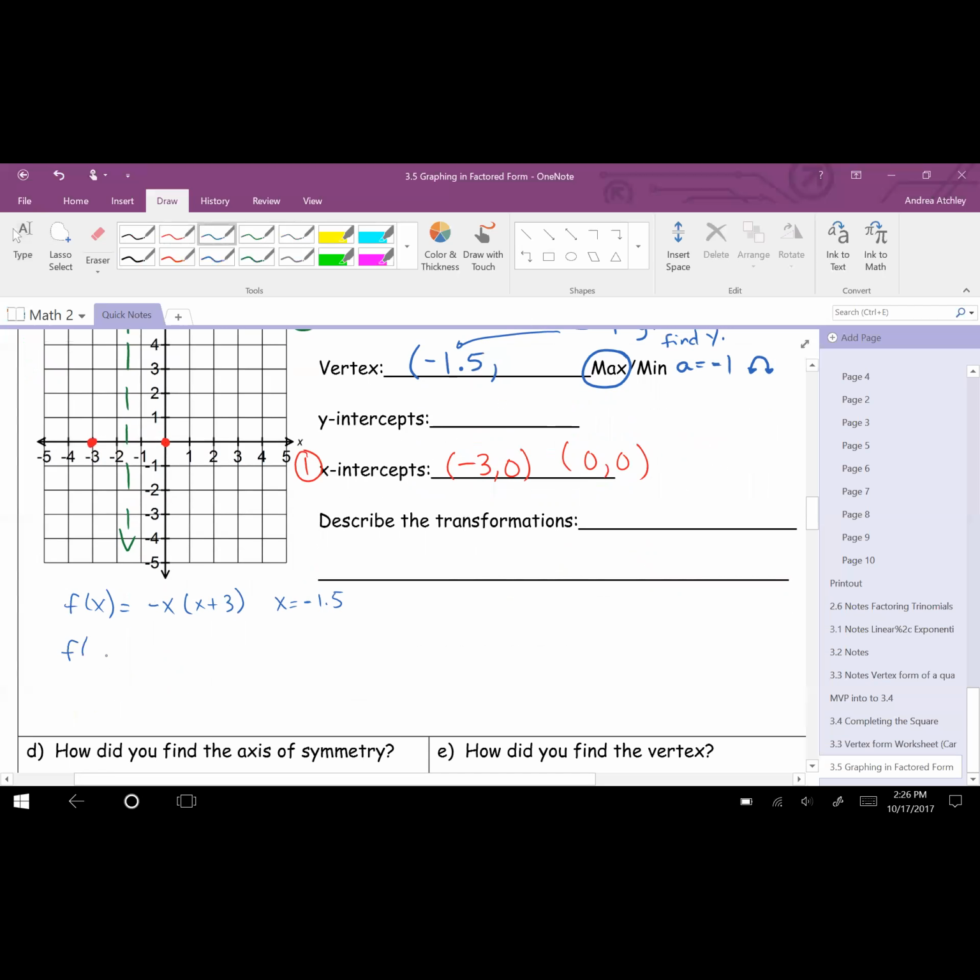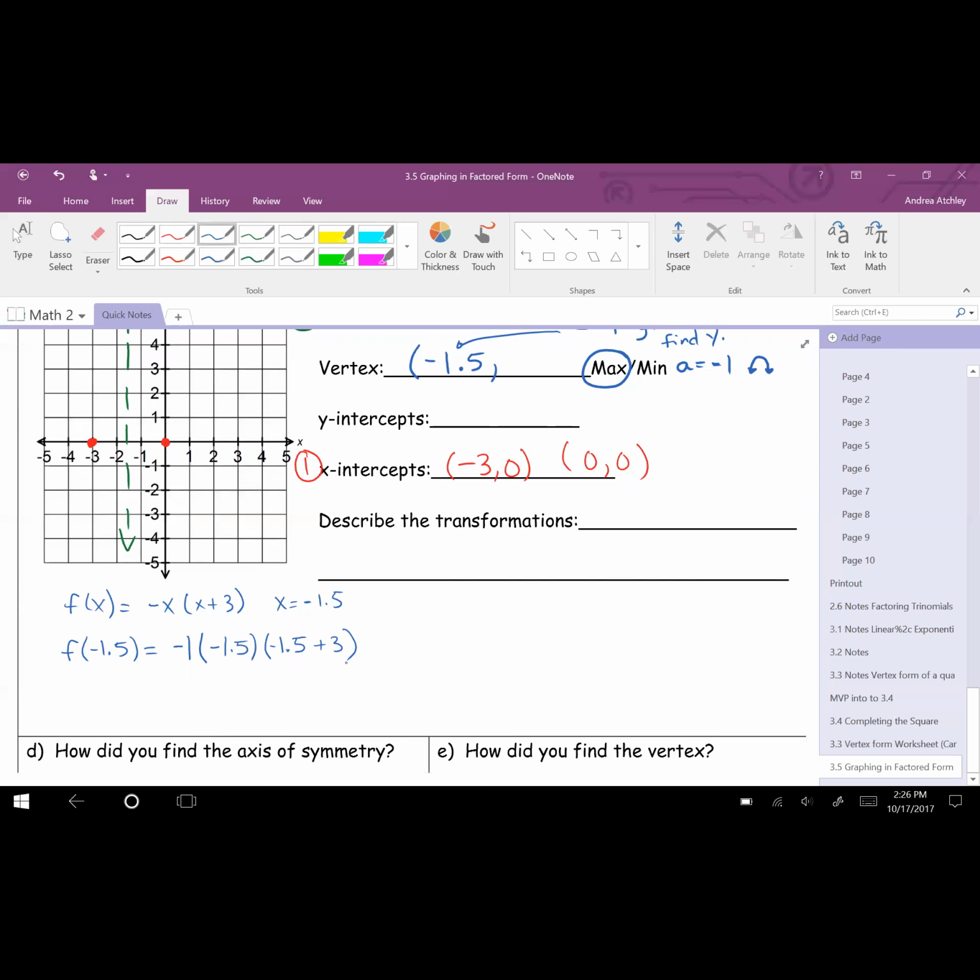So I'm going to have f of negative 1.5 equals negative 1 times negative 1.5 times negative 1.5 plus 3. I just substituted in negative 1.5 for all the x's.